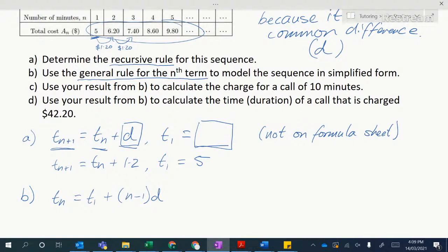They're just in a different form, because the difference between the recursive rule and the general rule depends on what you're trying to answer with this question. Your next step would be to substitute those same values from the previous question into the general rule. Give that a go.